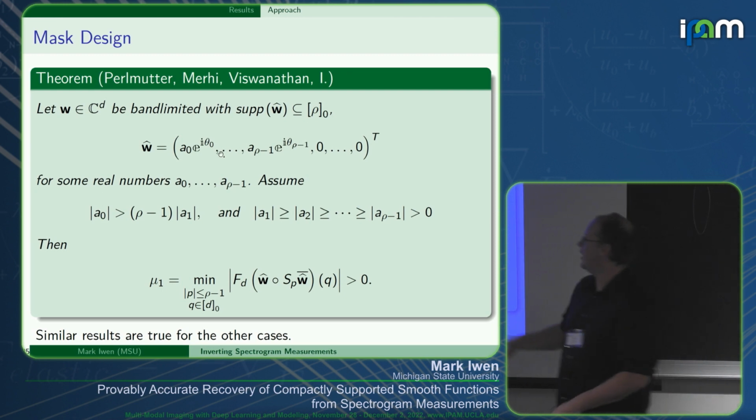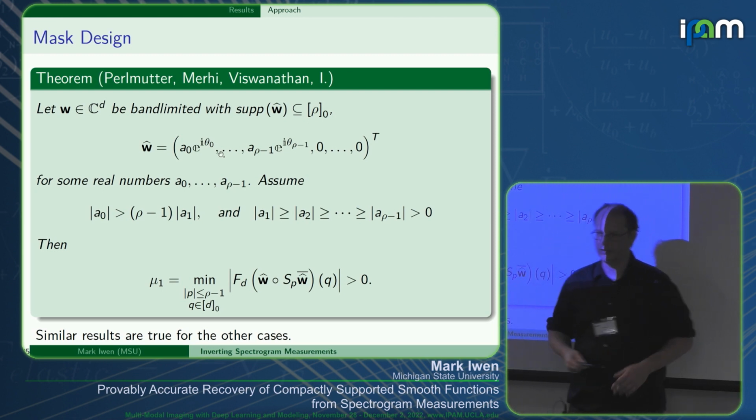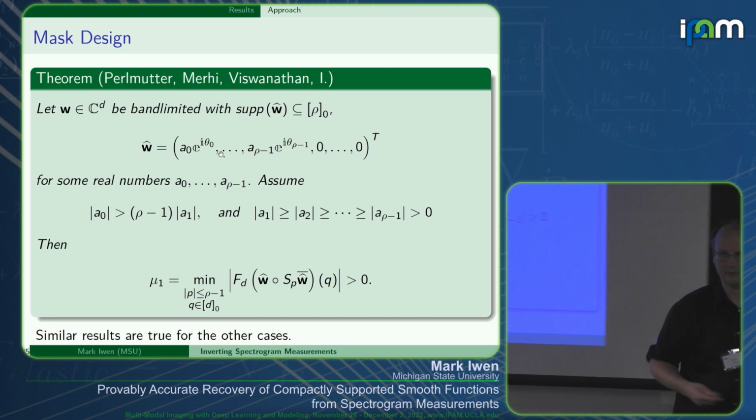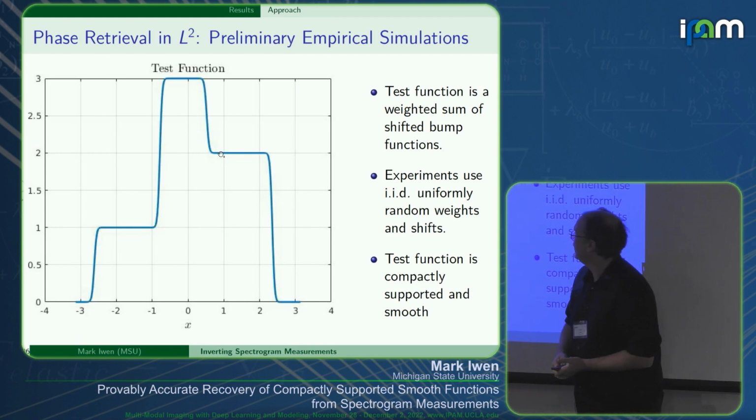And if you want, you can play around more and sort of design things where you bound this below by certain quantities, so you can start messing around with window design to some extent. All right.